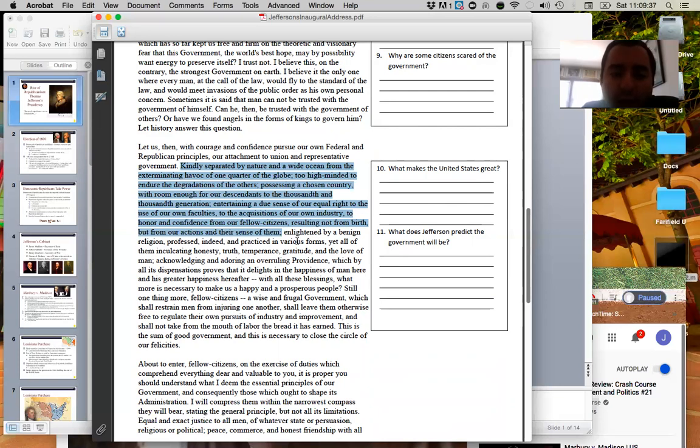Kindly separated by nature and a wide ocean from the exterminating havoc of a quarter of the globe, too high-minded to endure the degradations of the others, possessing a chosen country with room enough for our descendants to the thousandth and thousandth generation, entertaining a due sense of our equal rights to the use of our own faculties, to the acquisitions of our own industry, to honor and confidence from our fellow citizens, resulting not from birth, but from our actions and their sense of them. You can even continue.